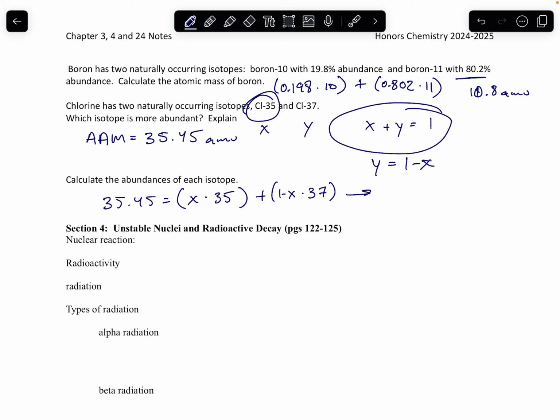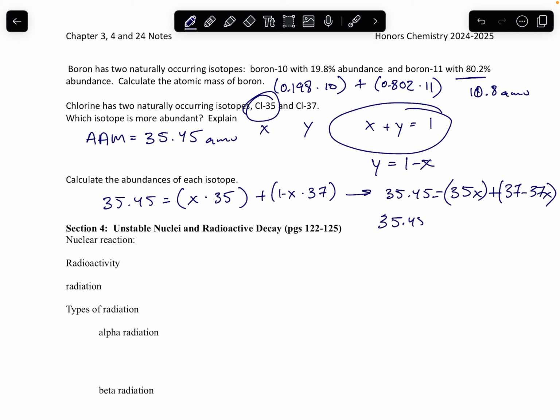Okay, so I end up with 35.45 equals 35X plus, I'm going to do 37 minus 37X. And now I'm just going to combine like terms.